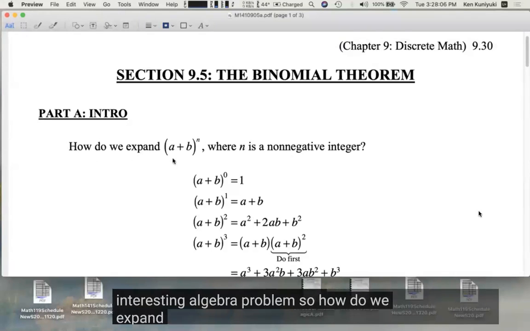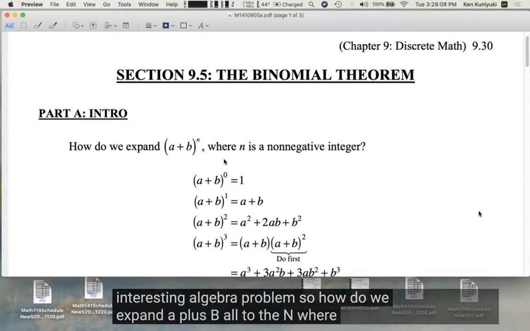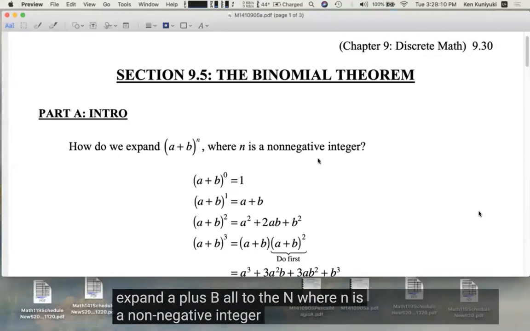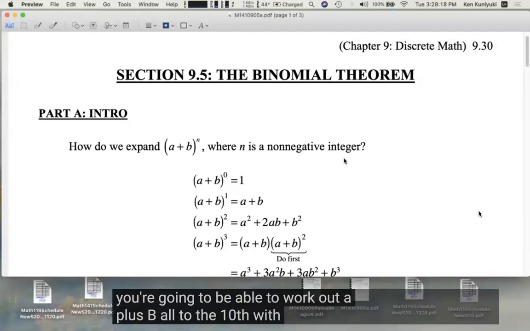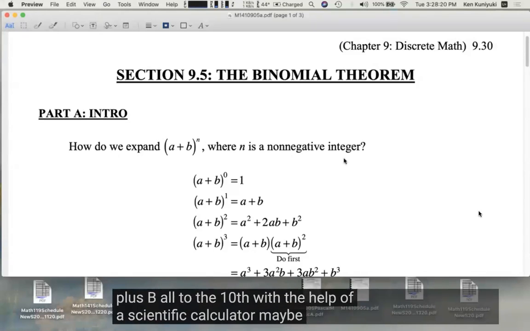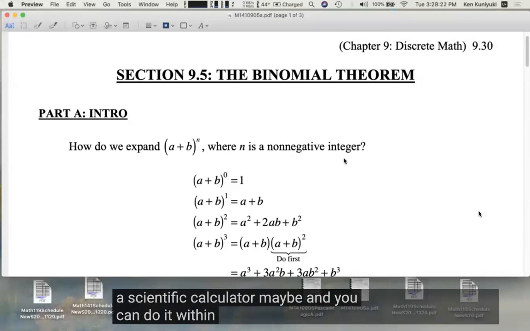So how do we expand a plus b all to the n, where n is a non-negative integer? And in fact, I claim that by the end of this section, you're going to be able to work out a plus b all to the 10th, with the help of a scientific calculator maybe, within a couple minutes, accurately.